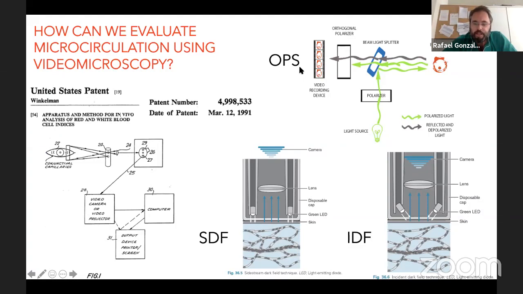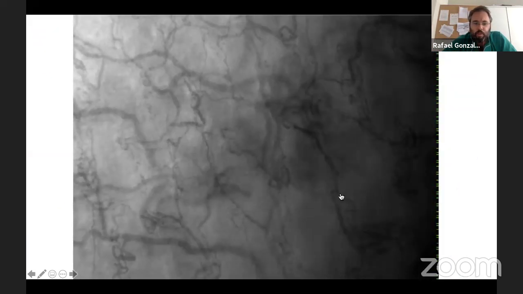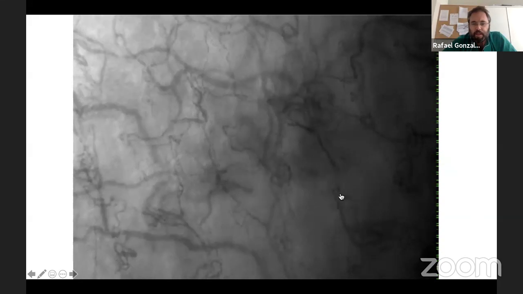Orthogonal polarization spectral imaging, sidestream dark field imaging, and the newest, incident dark field imaging, consist of the illumination of a tissue with a wavelength that is reflected by the cells in the tissue that are carrying hemoglobin, and give us images like the ones we can see in the picture now.